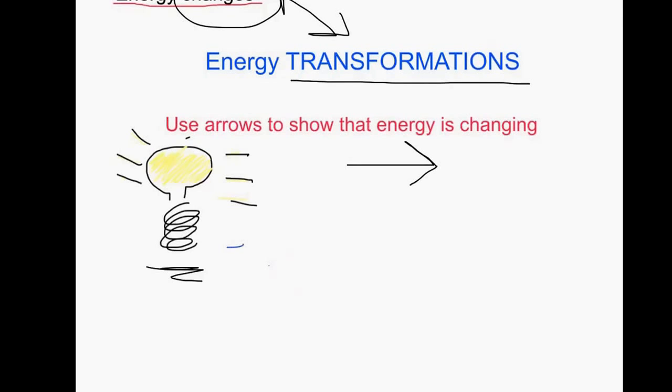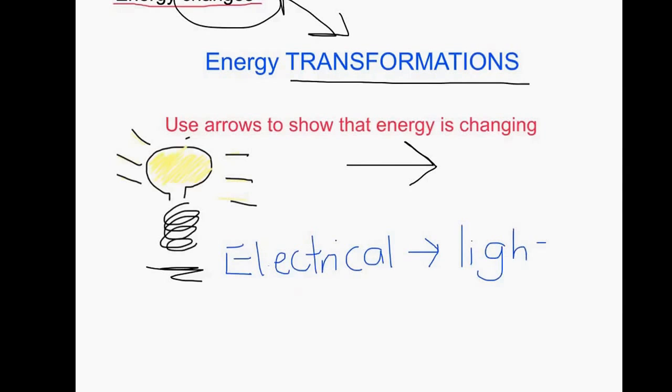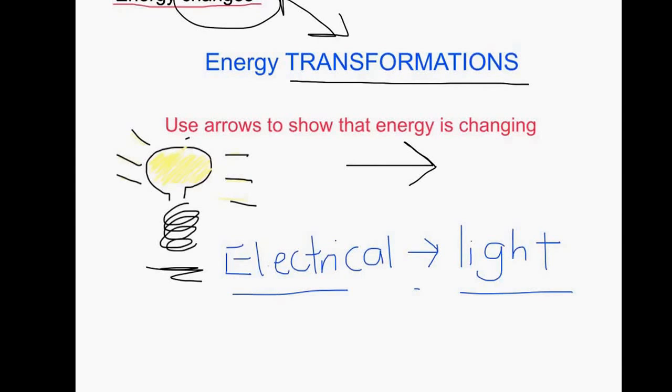We start from electrical energy, and we change into light energy. Writing it this way, electrical arrow light, is a lot simpler than writing electrical energy is being changed to light energy. So we just use the arrow to indicate this change.